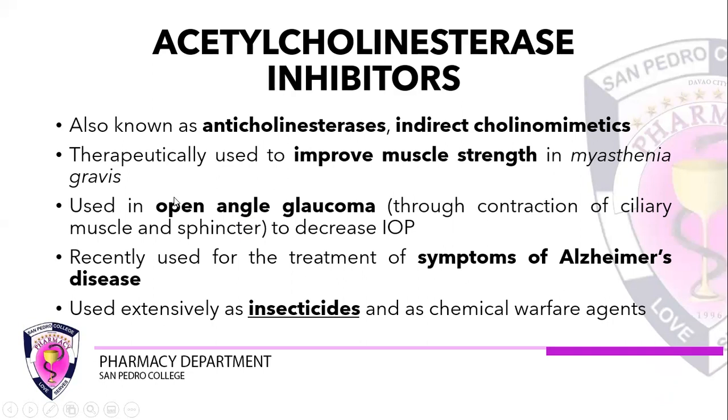Next, it is used in open angle glaucoma because once again, acetylcholine binding to the muscarinic receptor stimulates secretions. Especially in the case of glaucoma, for your lacrimal glands, decreasing the intraocular pressure or IOP for short.